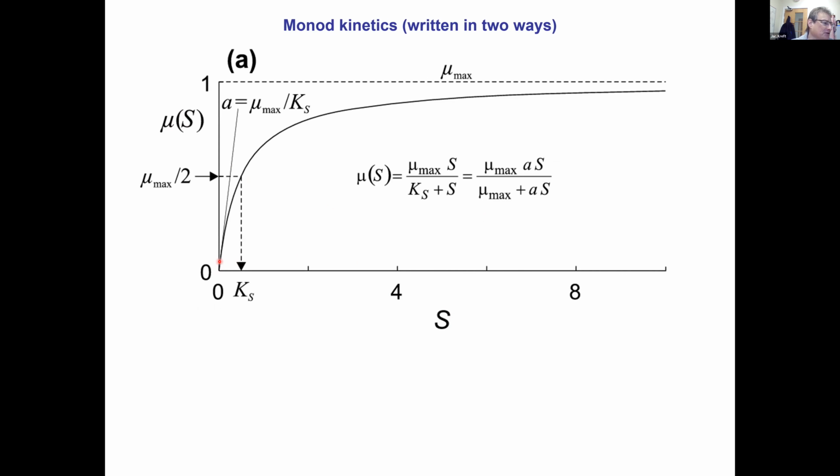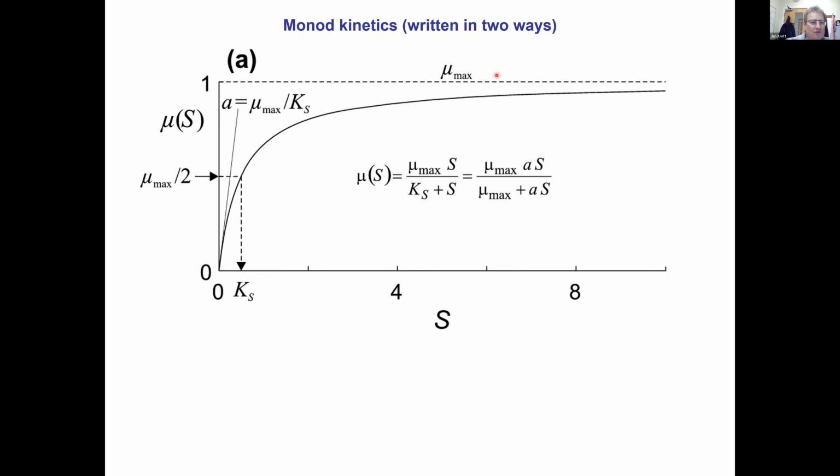So we have an increase of specific growth rate if the substrate concentration increases, but there is a maximum rate with which populations or cells can grow. Even if the substrate concentration were higher, they couldn't grow any faster because there are intrinsic limits to how fast organisms can grow.